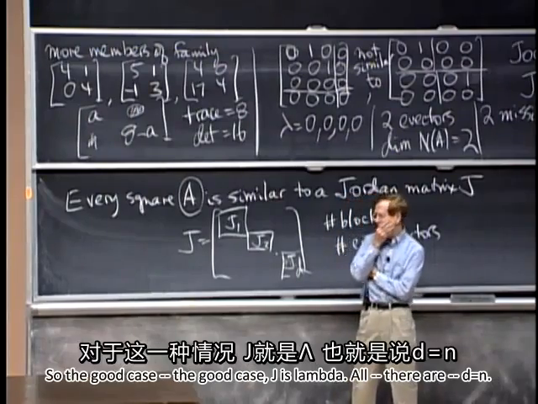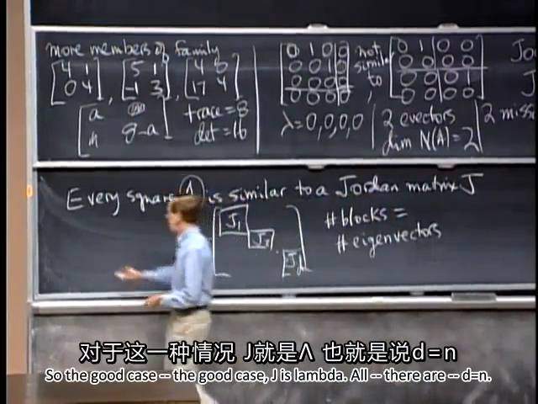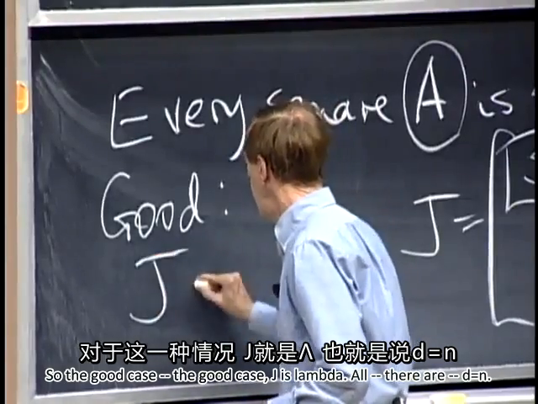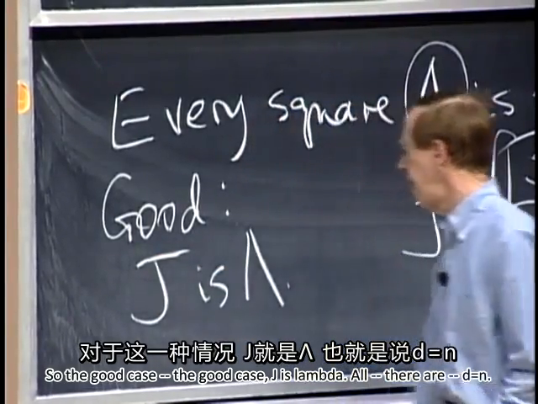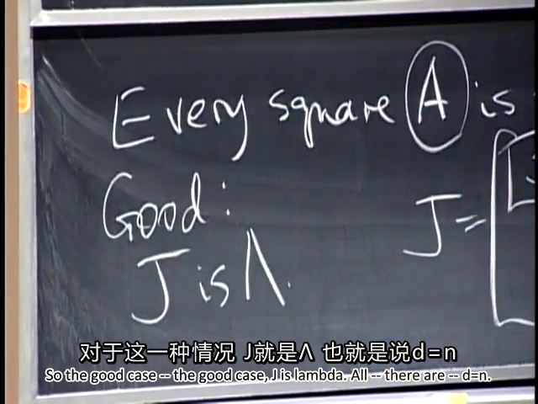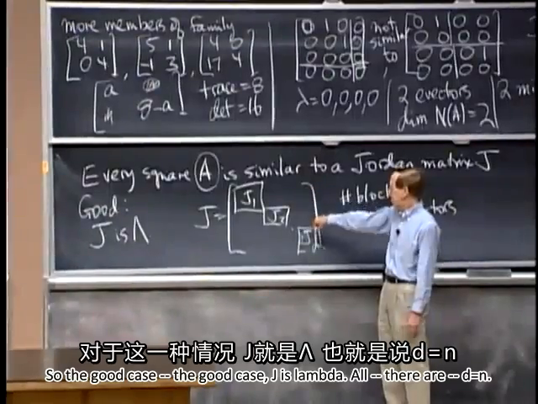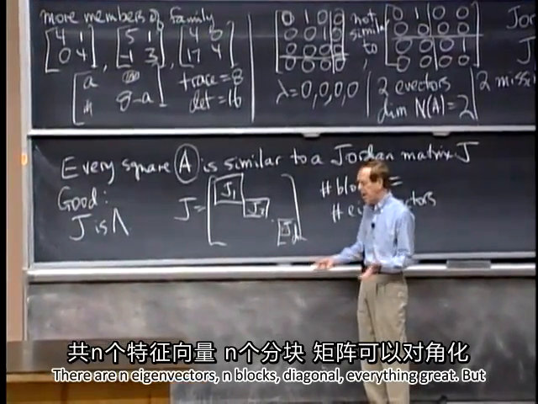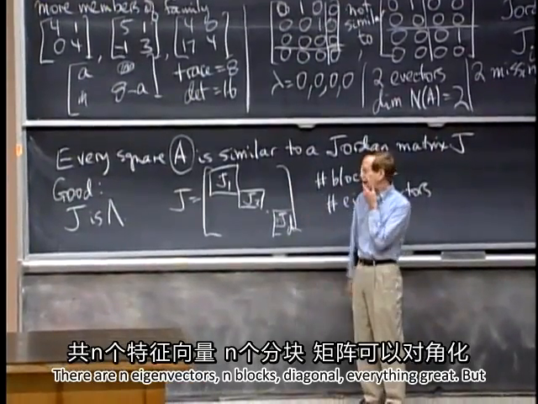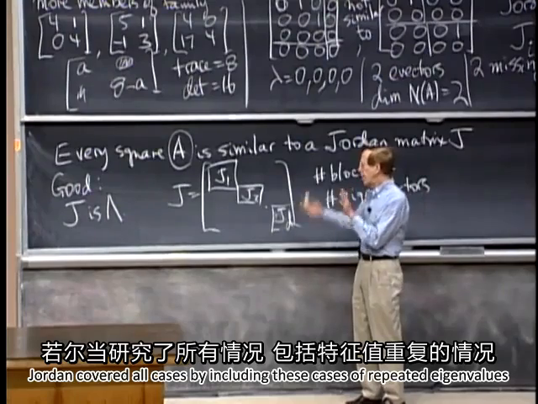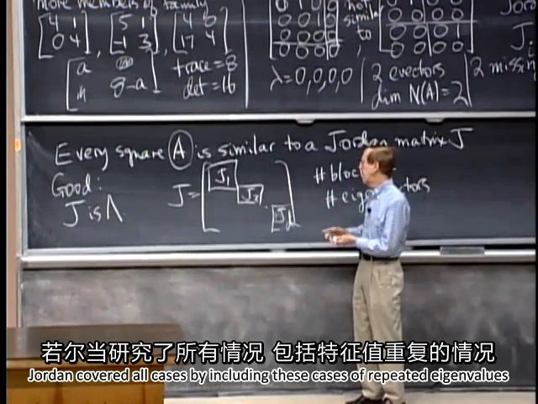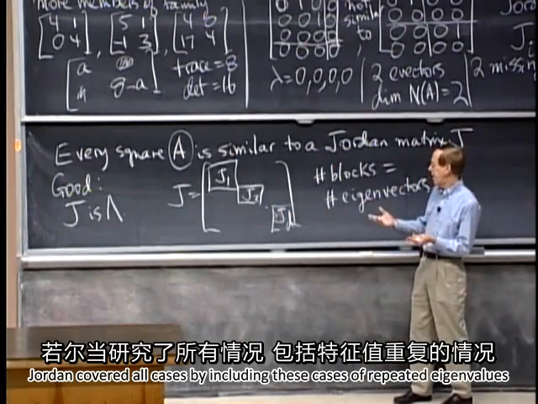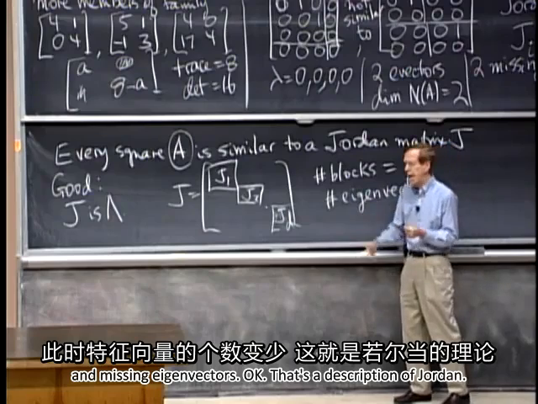It's Lambda. So in the good case, J is Lambda. There are d equals n blocks, n eigenvectors, diagonal, everything great. But Jordan covered all cases by including these cases of repeated eigenvalues and missing eigenvectors.